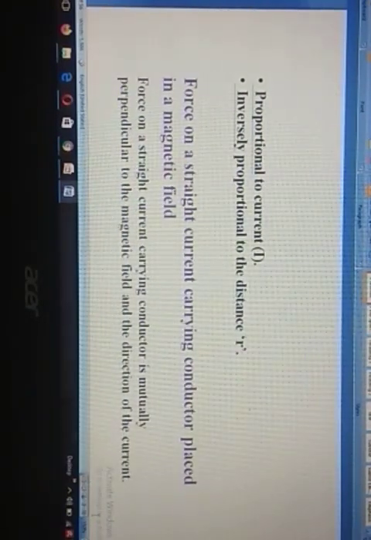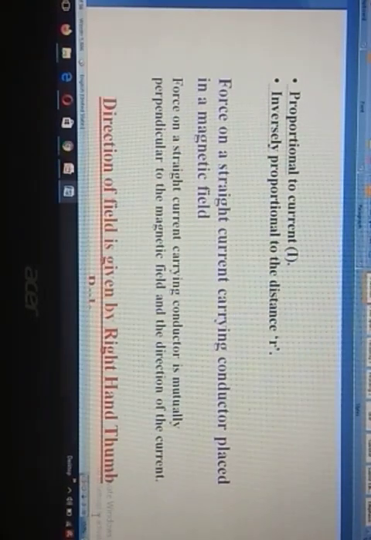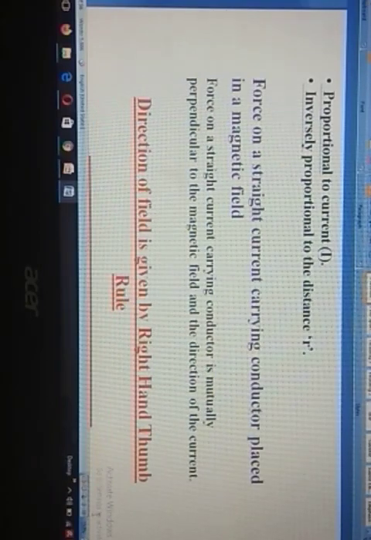So we can say that the magnetic field produced by a conductor at a distance r in vacuum is proportional to the current I and inversely proportional to the distance r. A force also acts on a straight current carrying conductor placed in a magnetic field. This force is mutually perpendicular to the magnetic field and the direction of the current.